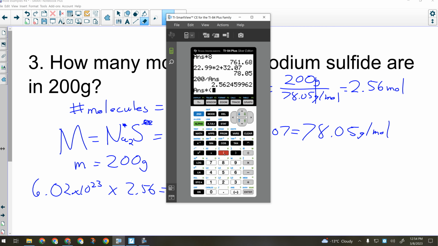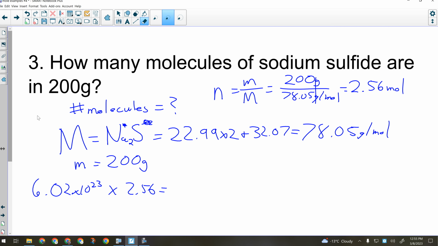Remember, you got to bracket Avogadro's number, 6.02. Use your E button, and 23. Close it off. All right, so we are looking at 1.54 times 10 to the 24 molecules.